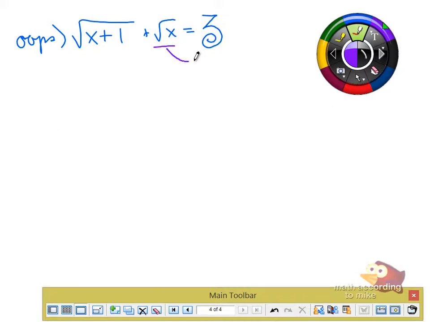Let's bring this to the other side by what operation? Subtraction. That's step 1. Step 2, we're going to raise both sides to a power. What power?